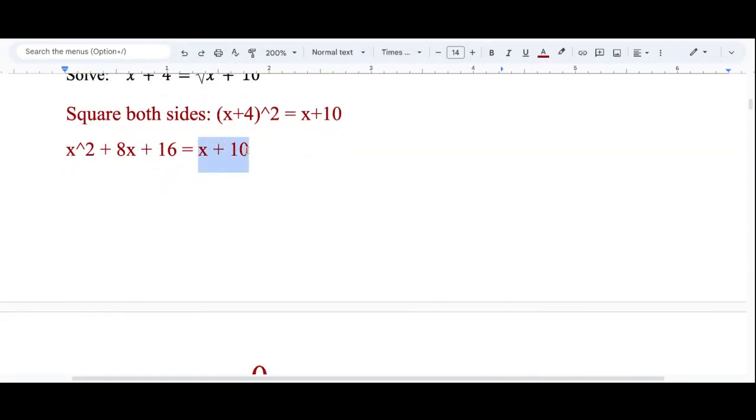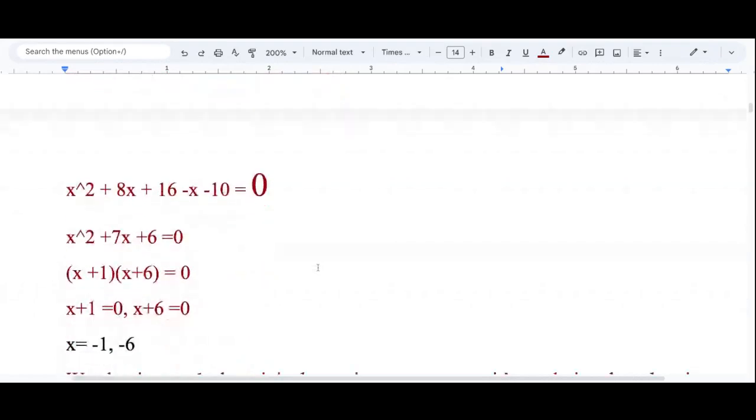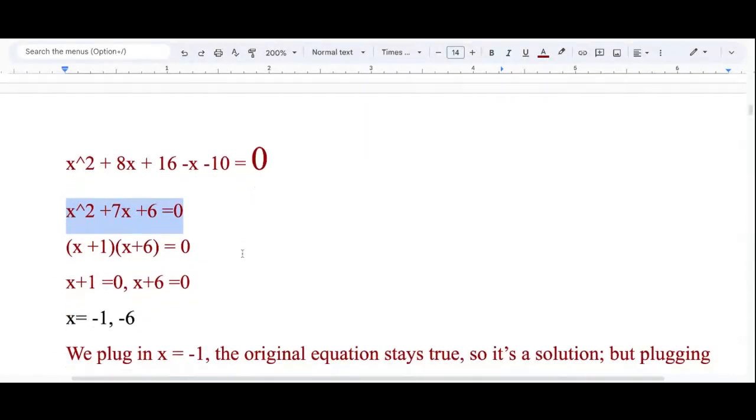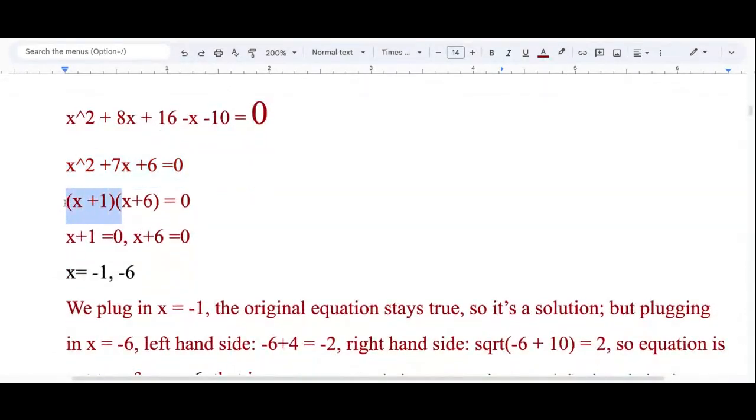Then we move x plus 10 to the left-hand side because we want the right-hand side to be 0. And we get x squared plus 7x plus 6 equals 0. This can be factored: x plus 1, x plus 6. So we get two solutions, -1 and -6.